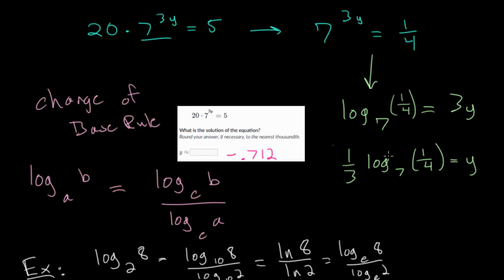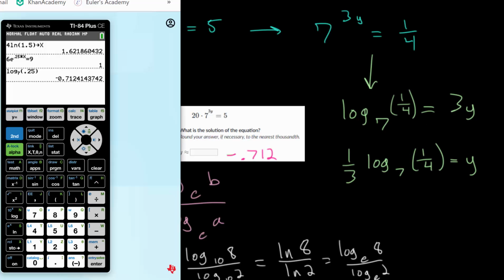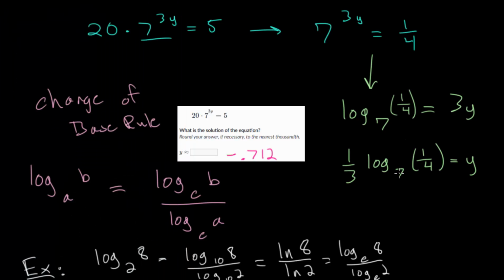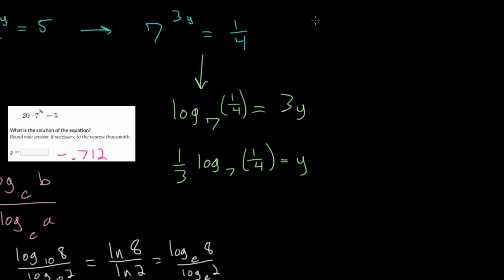So for our problem, basically we just want to change it to a base where we can actually plug it into this calculator. So let's use base 10 for these. Let me make a little bit more room so we have some space. We can work over here. So log base 7 of 1/4. You can use base 10.